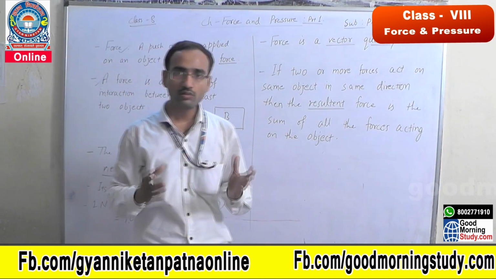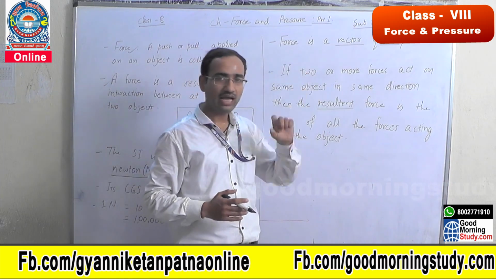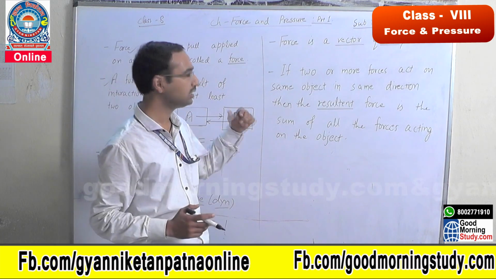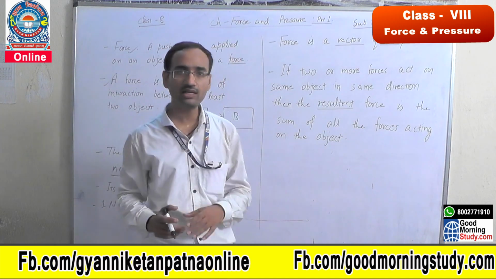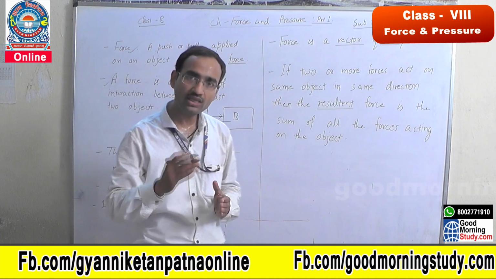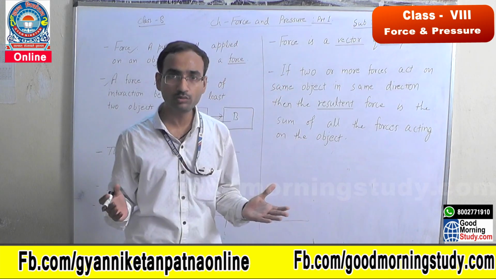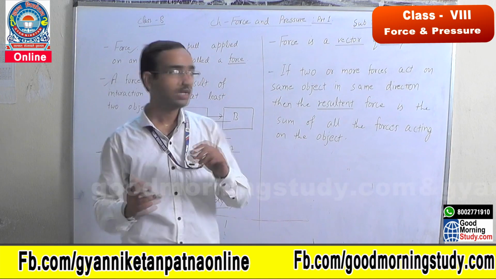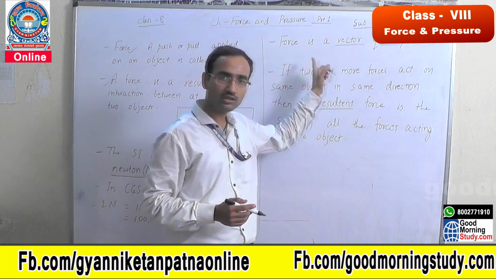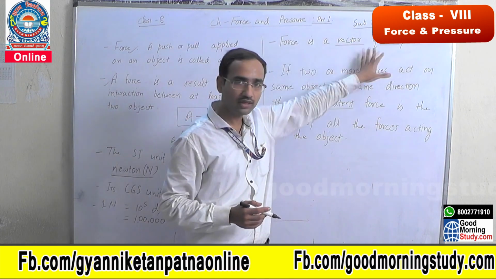The quantities which can be measured are called physical quantities, and they are classified into two categories: first is scalar quantity and second is vector quantity. What is a scalar quantity? The quantity which can be explained only by magnitude is called a scalar quantity. But force has both magnitude as well as direction, and this type of quantity is called a vector quantity.